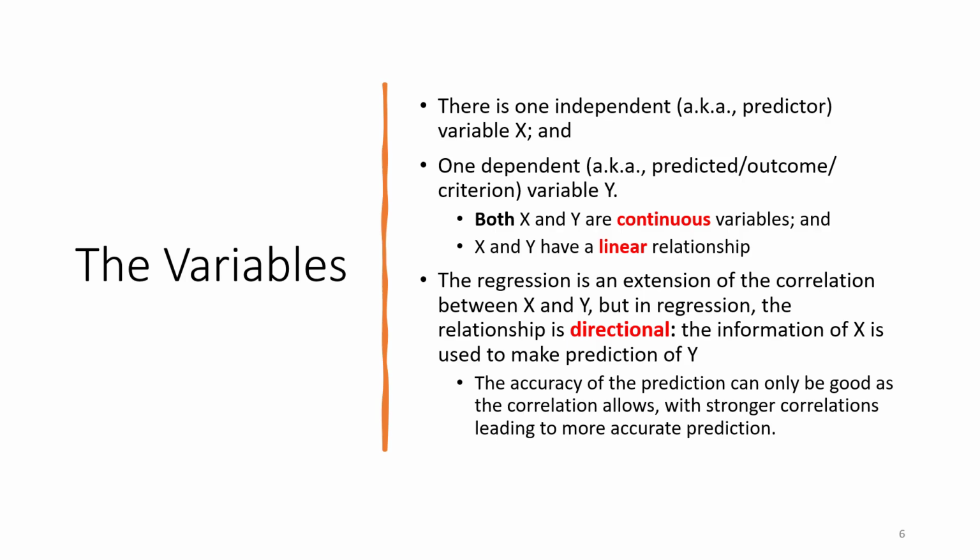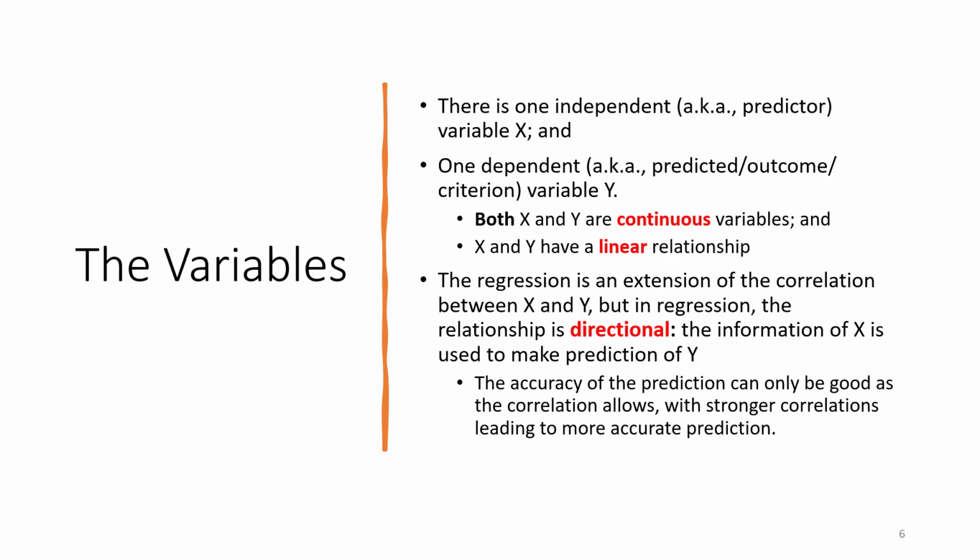Since simple regression is an extension of Pearson's correlation, both variables need to be quantitative and share a linear relationship. The independent variable x is also called the predictor variable. The dependent variable y is also called the predicted outcome or criterion variable.